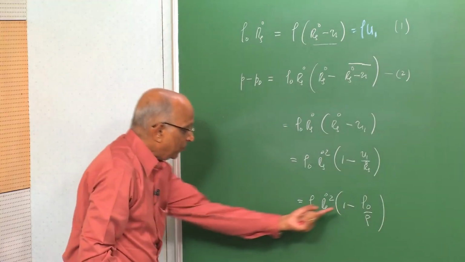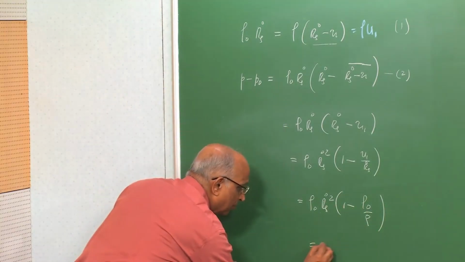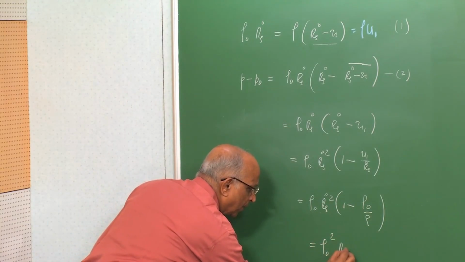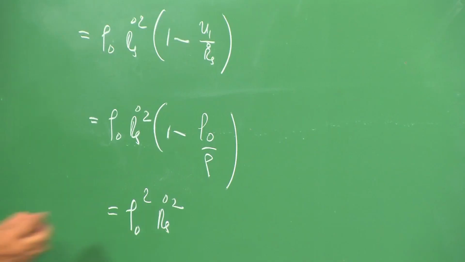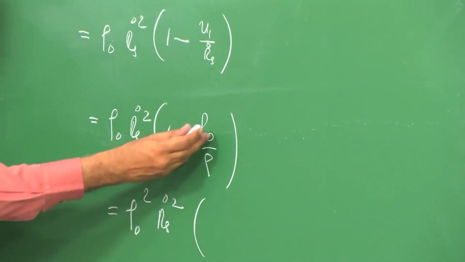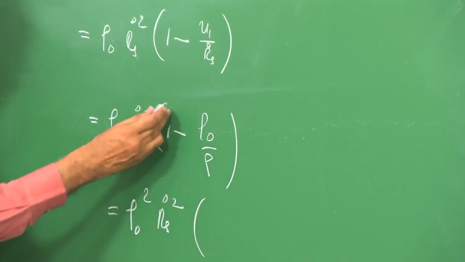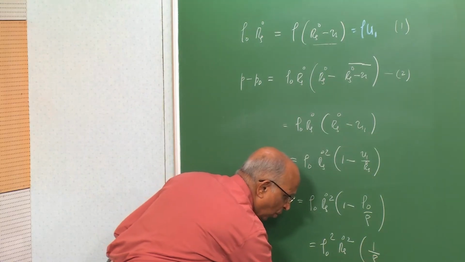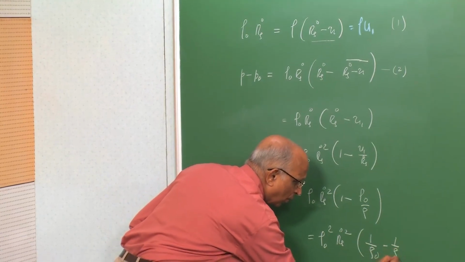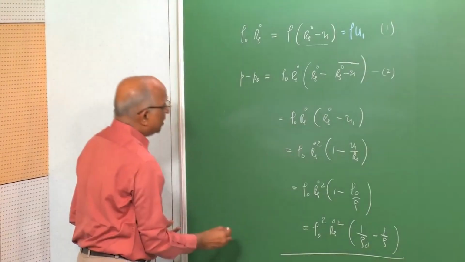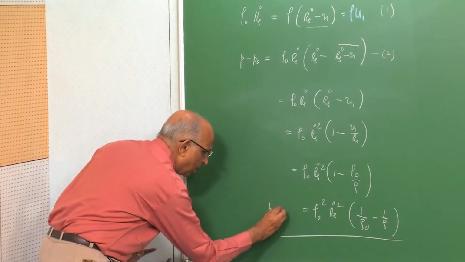If I take rho naught outside, this becomes rho naught square into r s dot square into, since I have taken rho naught outside, 1 over rho naught minus 1 over rho over here, and this becomes the value of p minus p naught.